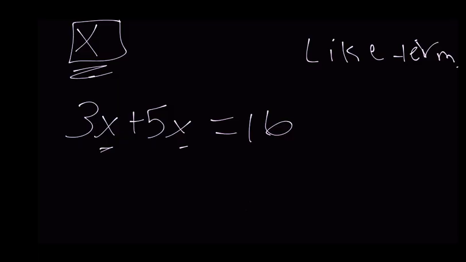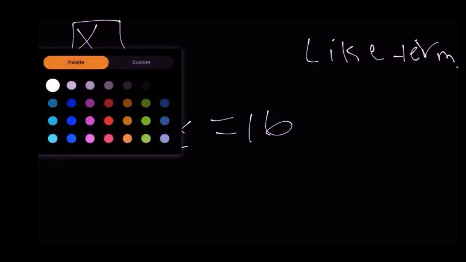Combining like terms is basically where numbers, so numbers meaning fractions or real numbers, right? Those are numbers. So this is a number and this is a number. We're going to use a different color for this one. Then there's another one.